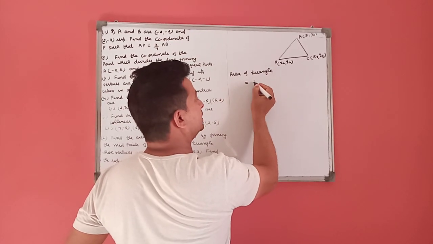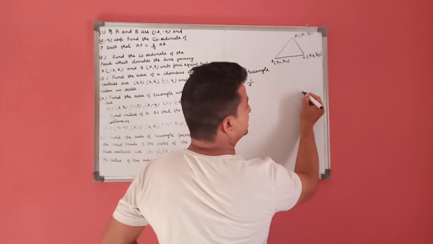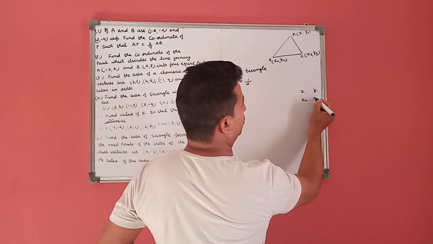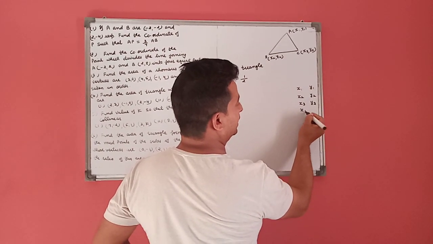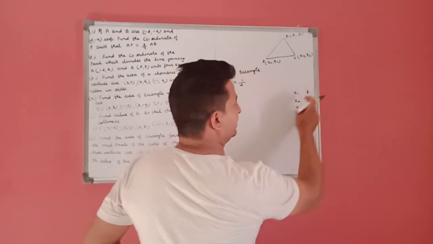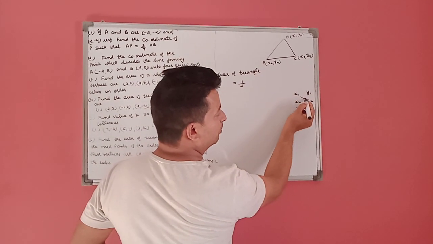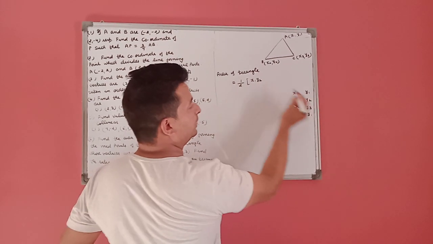For this question, we use a simple formula. First we write the coordinates of A, then we write the coordinates of B, then we write the coordinates of C, then again repeat the coordinates of A. That's x1, y1, x2, y2, x3, y3, then x1, y1. Multiply, this means x1 y2.